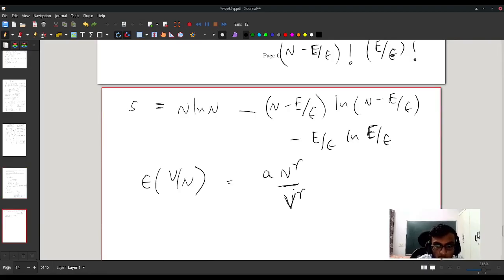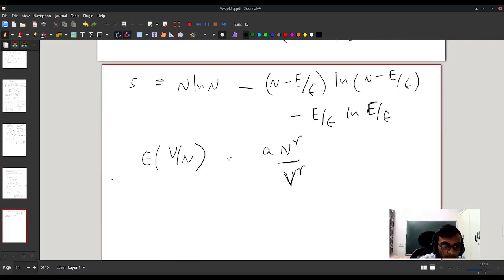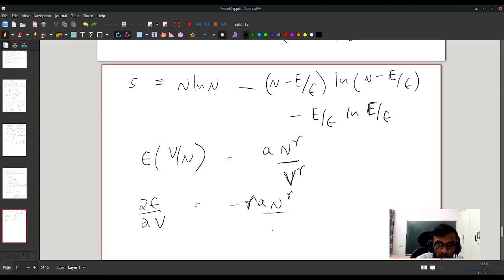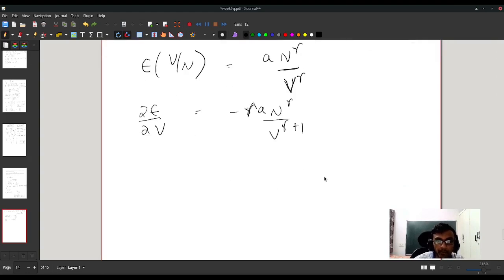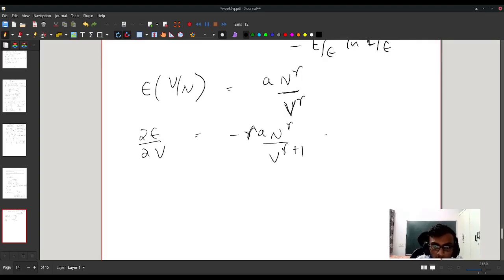So epsilon depends on the volume, and let us look at this dependence. ∂epsilon/∂V is going to be minus gamma A N to the gamma by V to the gamma plus 1, or that is equal to minus gamma by V times epsilon.